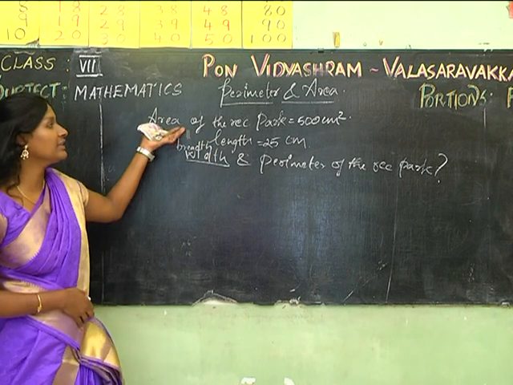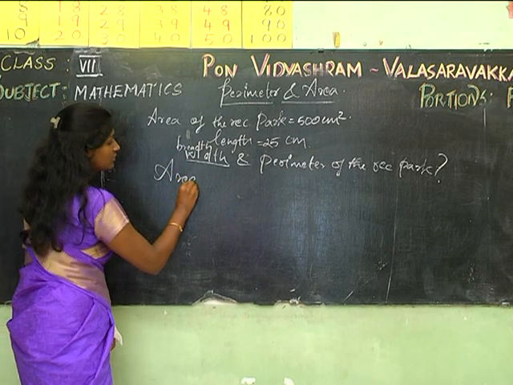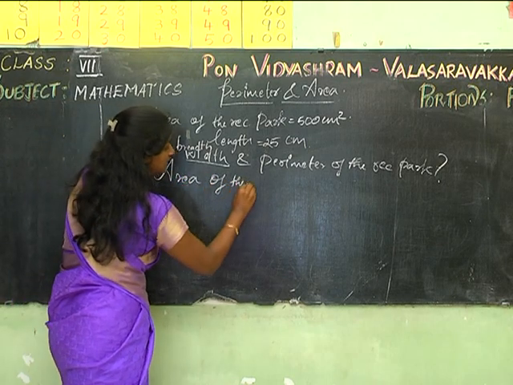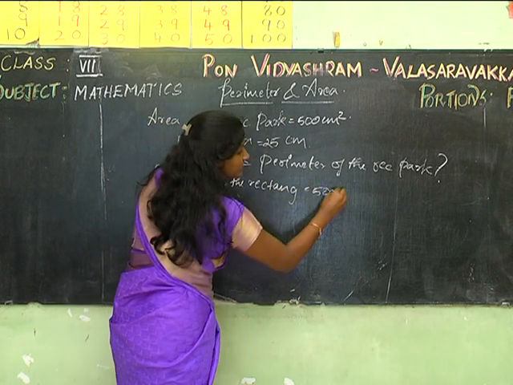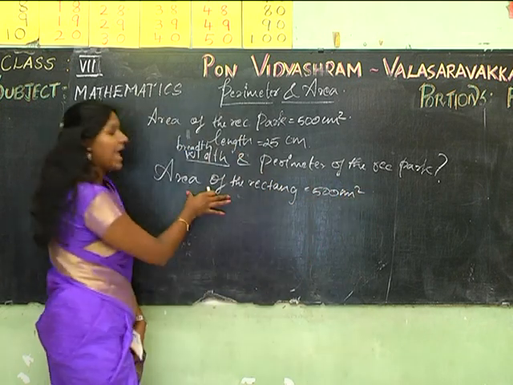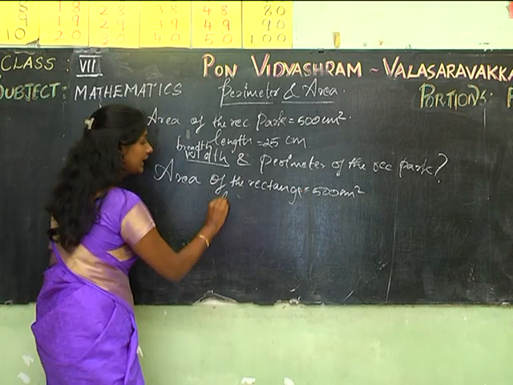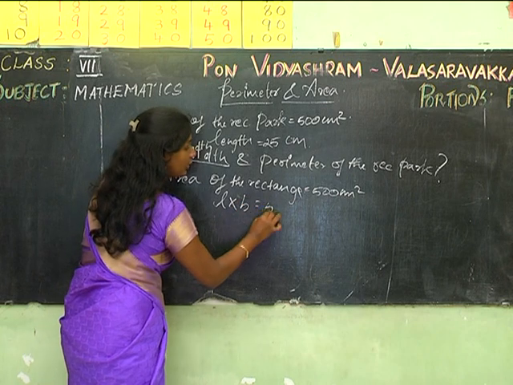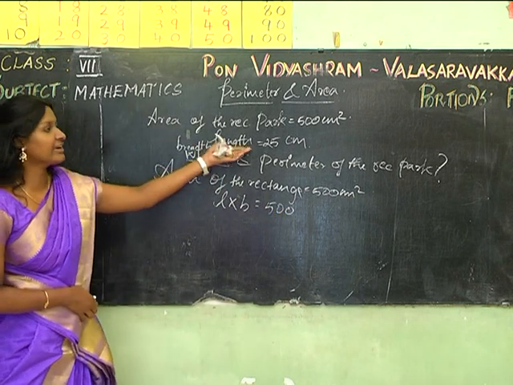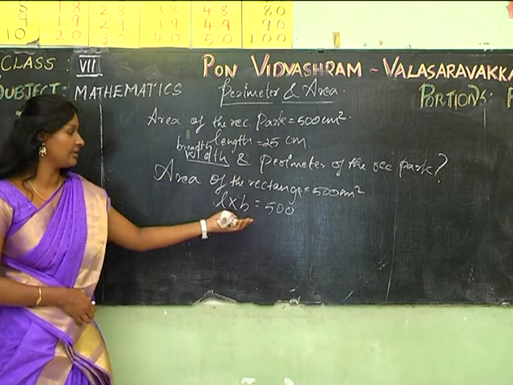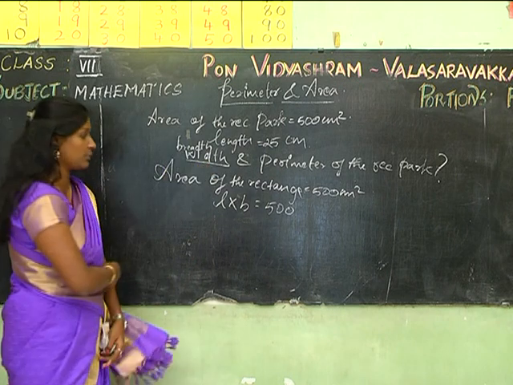We have been given the area of the rectangle as 500 centimeter square. The area formula for a rectangle is length into breadth, and I am going to equate it with the area value. The length is given as 25 centimeter, and we are supposed to find the breadth, which is our width.